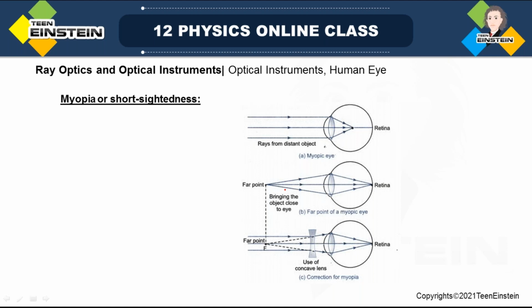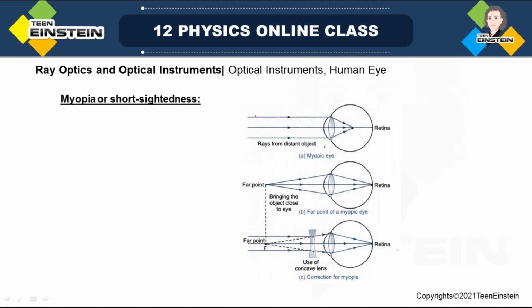That means the far point comes near. Any object you bring to this particular point can be seen clearly because the lens is making the image on the retina itself.